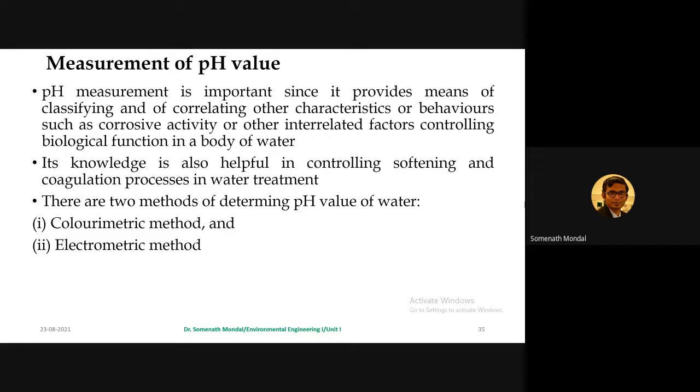The moment we get a liquid, we first try to determine the pH to understand whether it is alkaline or acidic. Its knowledge is also helpful in controlling the softening and coagulation process in water treatment. And there are two methods of determining the pH value of water. These are not methods so much as principles, and based on these principles we have several different devices by which we can measure the pH.